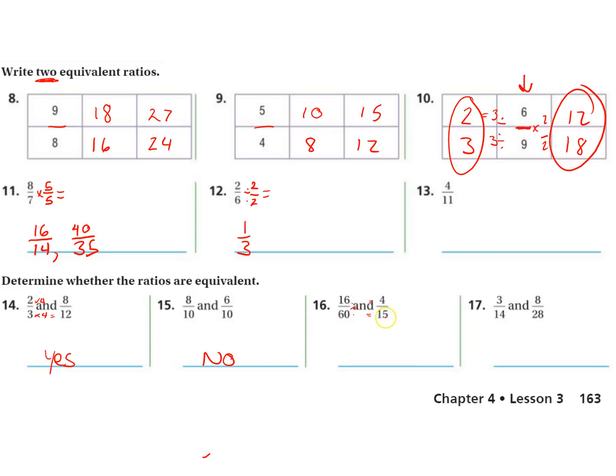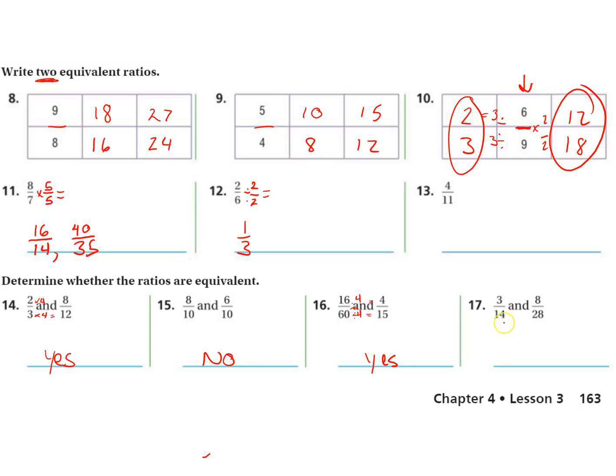Okay, or I can think of it as 15 times what gives me 60. So that's going to be 4. 15 times 4 would give me 60, so 60 divided by 4 would give me 15. And this has to, so that determines the top I have to divide by 4. 16 divided by 4, does that equal 4? Yes, in fact it does. So yes, those two are equivalent.